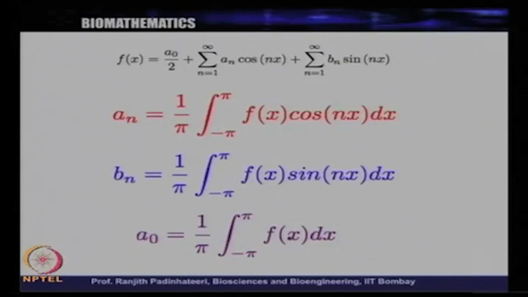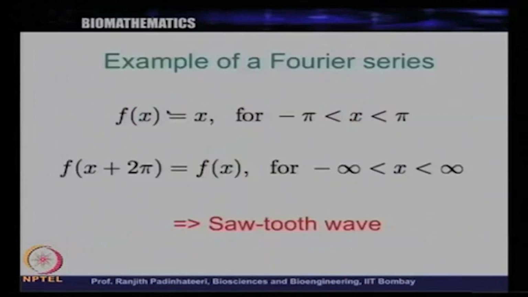Now, what was our f of x here? In our case, f of x was x between minus pi and plus pi. So, that is what we said in the previous, that f of x is x between minus pi and plus pi. So, what do we need?